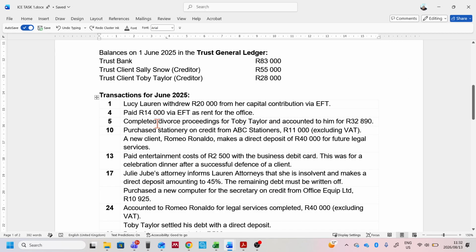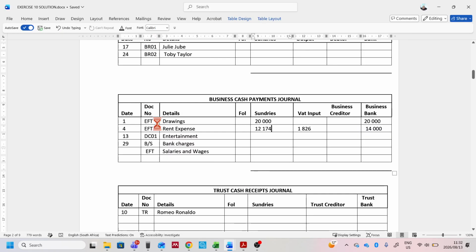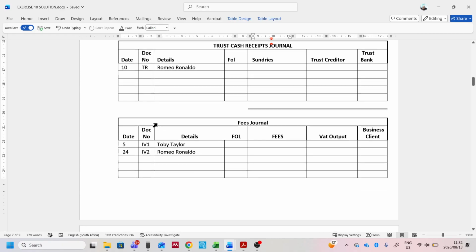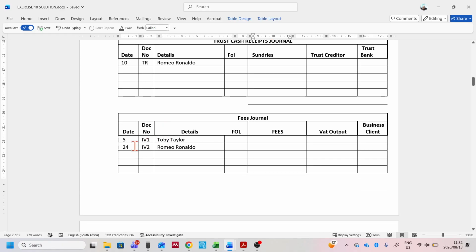Okay. Completed divorce proceeding for Toby Tyler, accounted to him 32,890. So we went and said business clients, VAT output, fees. We have a journal for that, which is your fees journal. So you're going to come and indicate on the fees.